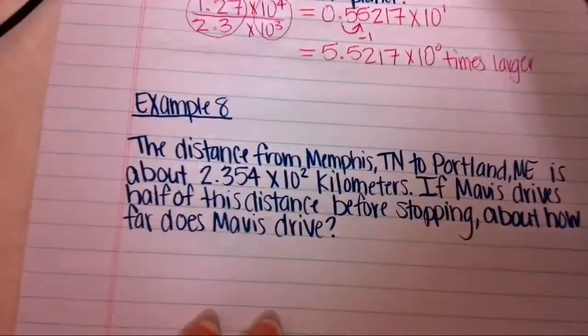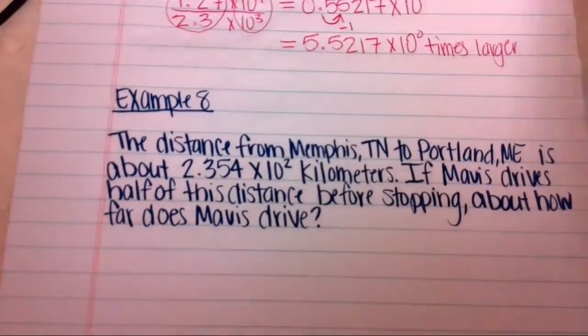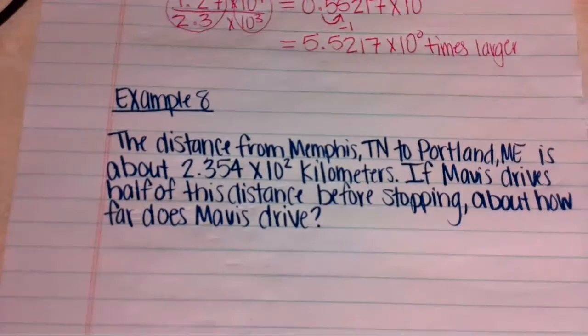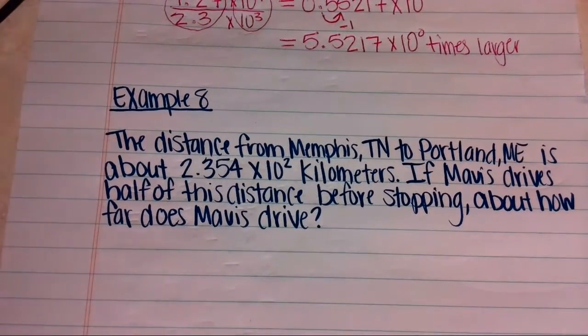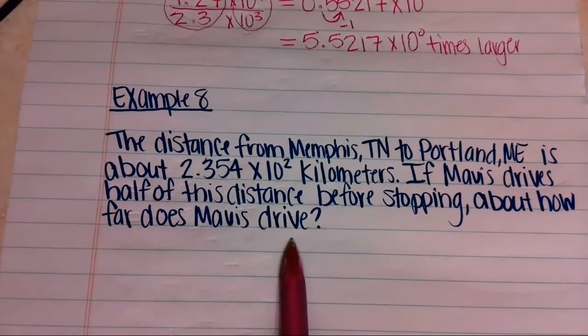Okay. So, example 8, our last one, says the distance from Memphis, Tennessee to Portland, Maine is about 2.34354 times 10 squared kilometers. If Mavis drives half of this distance before stopping, about how far does Mavis drive? So our question here is about how far does Mavis drive.